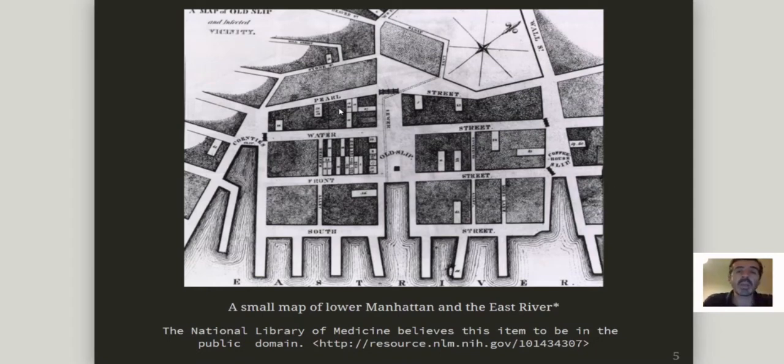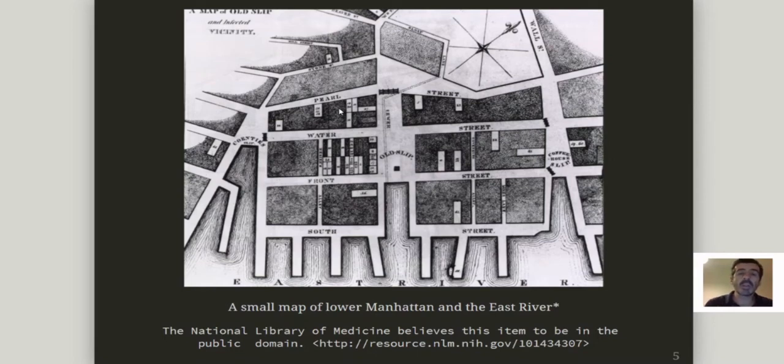Perhaps it gave them an idea where they had to concentrate their efforts to contain this outbreak. So disease mapping is an important branch of epidemiology or geographical epidemiology. The other important branch of geographical epidemiology, or epidemiology in general, is clustering.